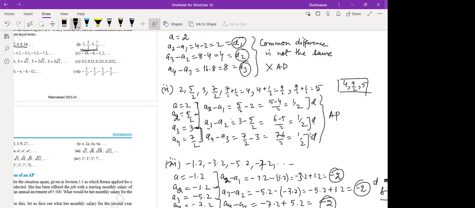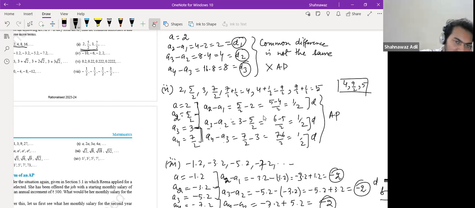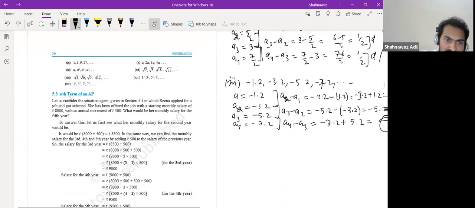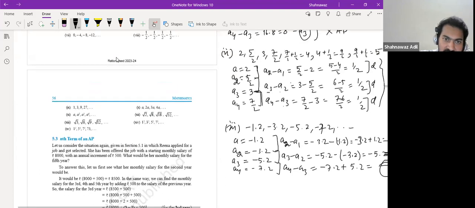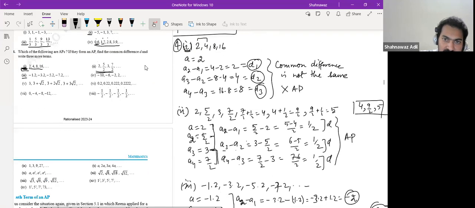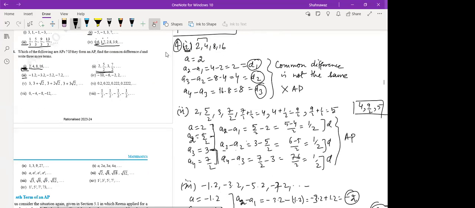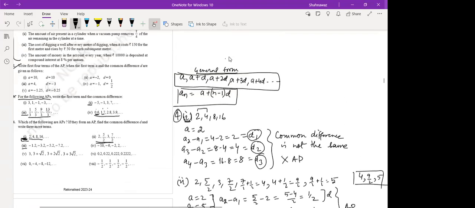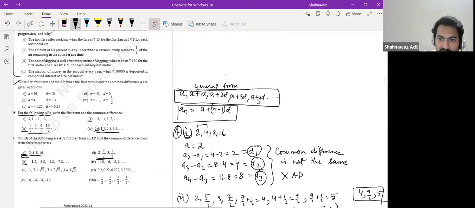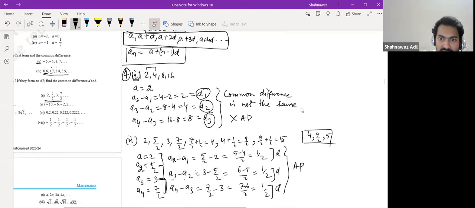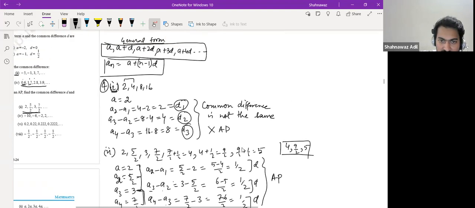Sir, in my school they did the general form. You see that the general form starts with this term, right? In the second exercise, they use this general term: a plus 3d, a plus 4d. So we can do that, or we can do this. Which one is simpler?